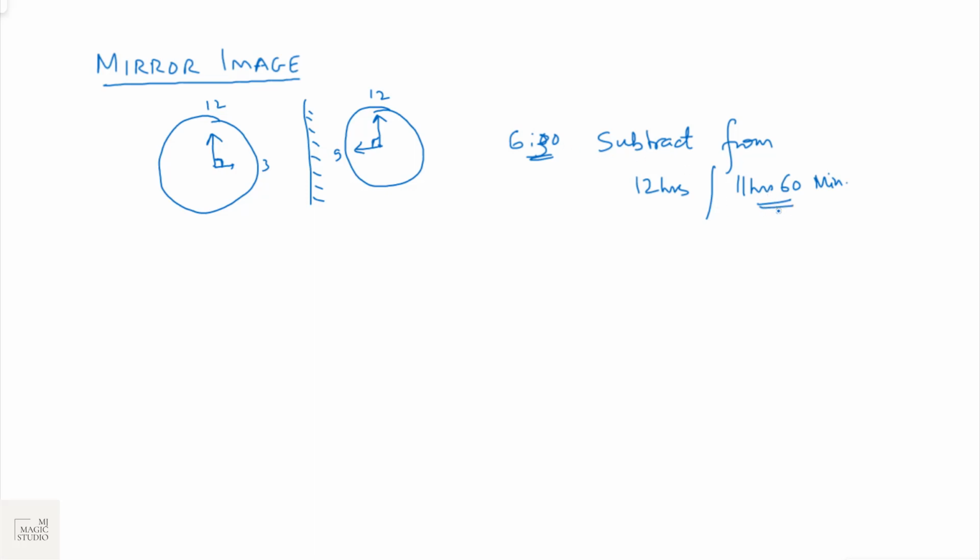If time is given in minutes, it would be better to subtract it from 11 hours 60 minutes. You will get the mirror image time. So the mirror image of 6:30 is nothing but 11:60 minus 6:30. That would be 5:30.